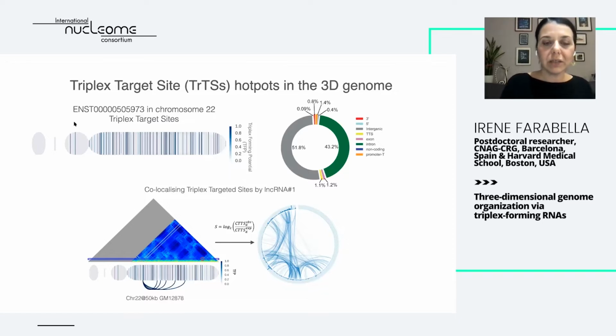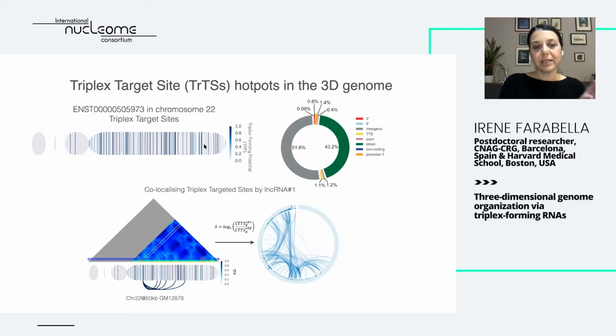On the 1D genome, the triplex target sites occur in a widespread fashion, but there are some loci that seem to have a higher potential of triplex forming. These loci are mainly located in intergenic or intronic regions. Then we checked if these loci with highly triplex-forming potential colocalize in the three-dimensional space and create a 3D hotspot.